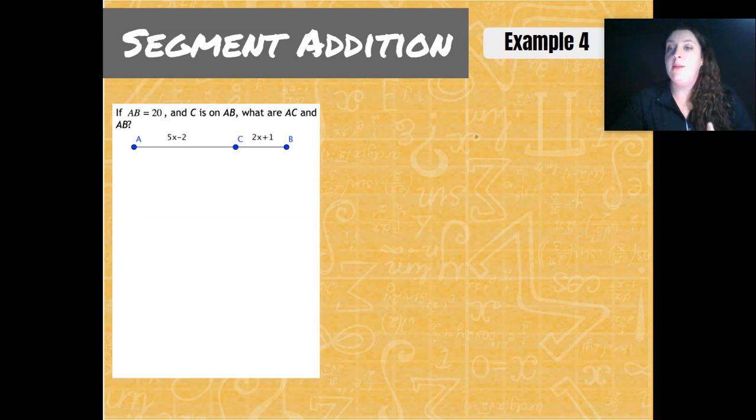So in this case, if we have AB equals 20 and C is on AB, what are AC and AB? So this is where things can be confusing, but it's the same thing. You're just adding. So you are going to add 5x minus 2 plus 2x minus 1.